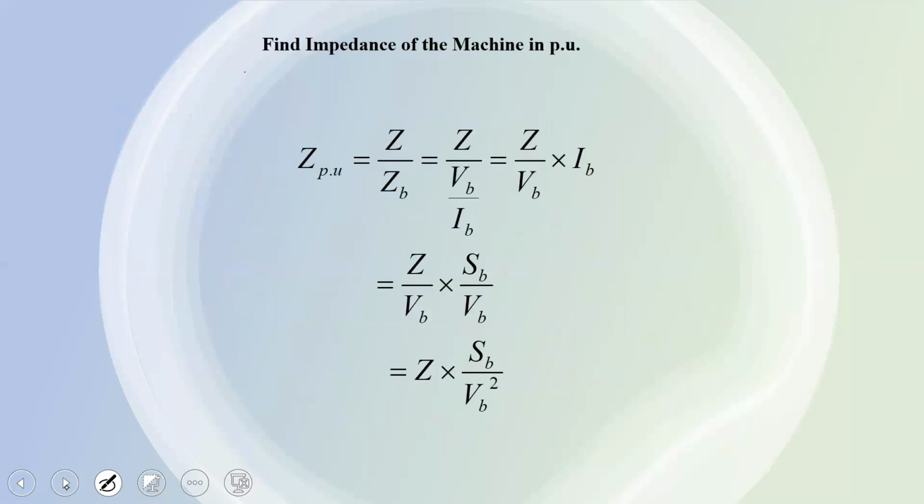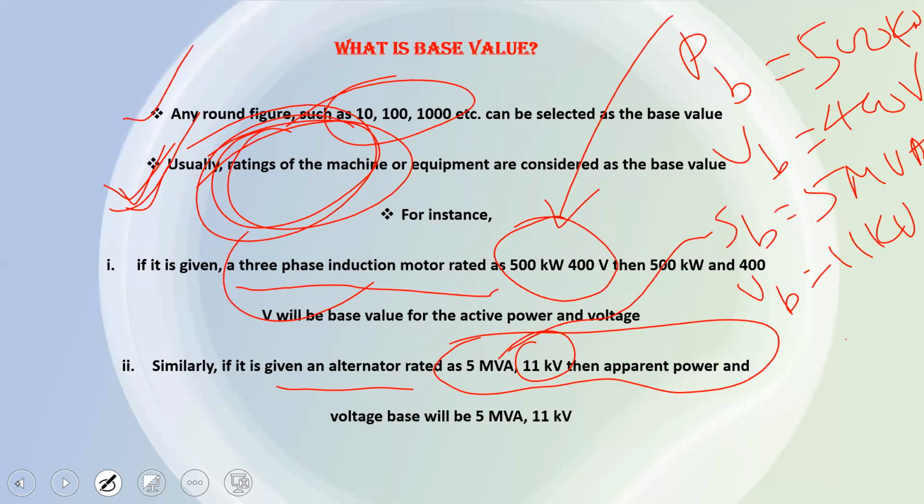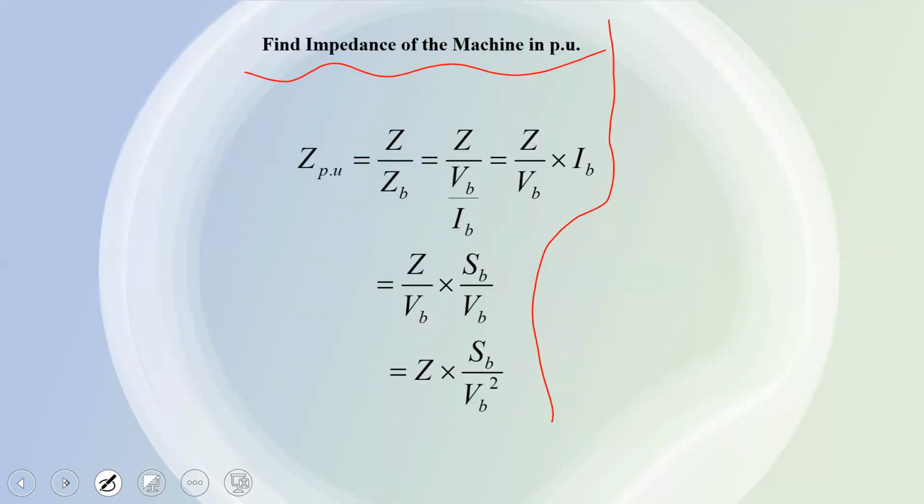Now the question is, find the impedance of the machine in per unit. According to the second concept, it is not a hard and fast rule, you can take the rating of the machine as the base value. Usually when you see the rating or nameplate of the machine, you will see either complex power or voltage given as the rating, or active power or voltage given as the rating.